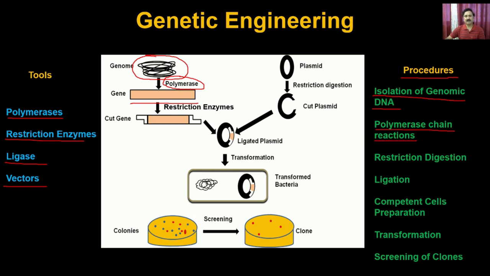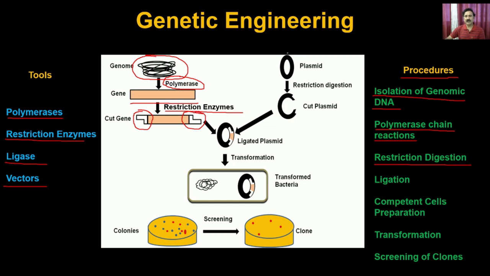Once you have the gene, you cut it with restriction enzymes. You perform a restriction digestion, which generates sticky ends on both sides of your gene.